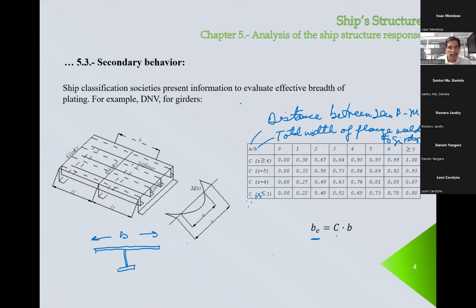What I do is I calculate A, I get R, and with B, we determine C. With C, I calculate B sub E. And now, instead of having this B, I take only one piece of that.